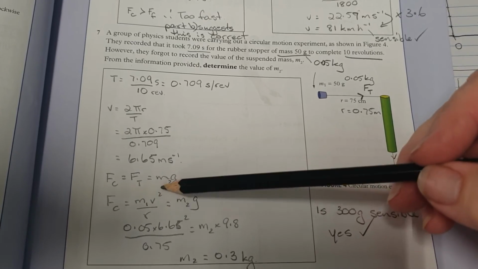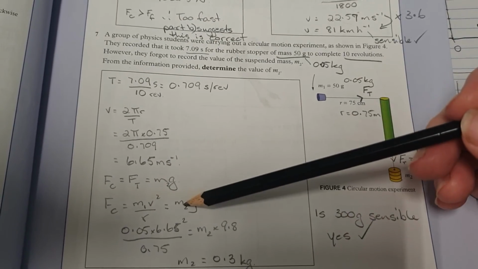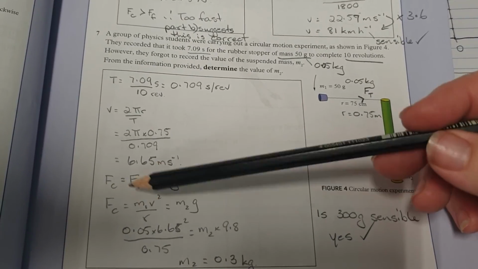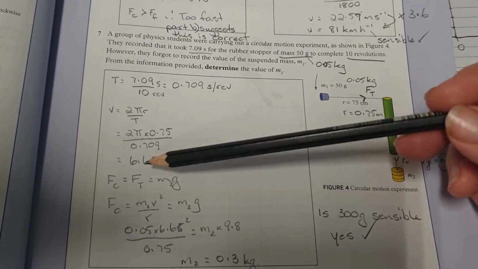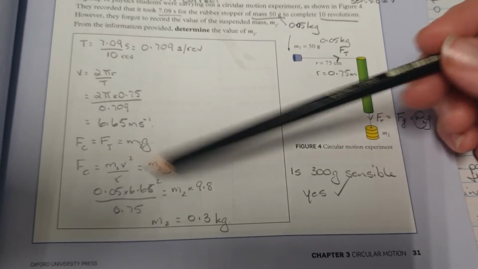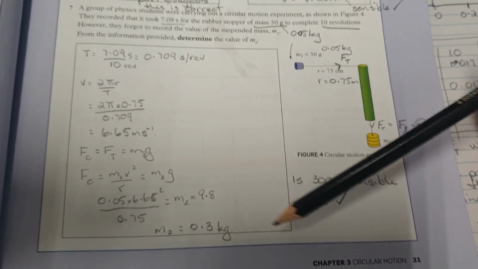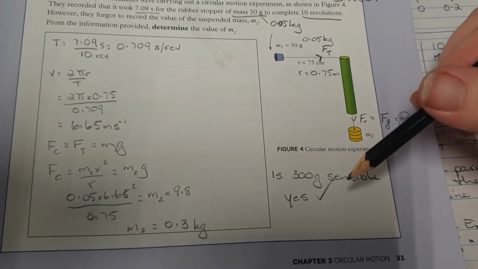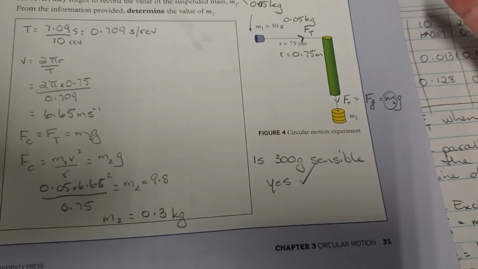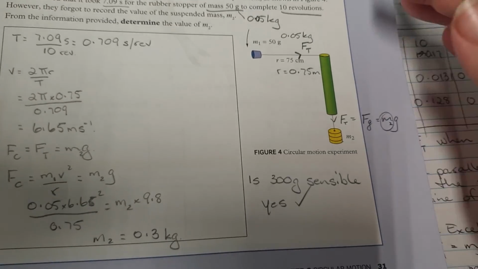Put that into mv squared on r equals, so I've just substituted that for Fc, but I also know that it equals Ft. Bit of rearrangement, and the mass is 0.3 kilograms, so 300 grams. And again, does that sound sensible? Well, yeah, that sounds sensible according to the experiment.